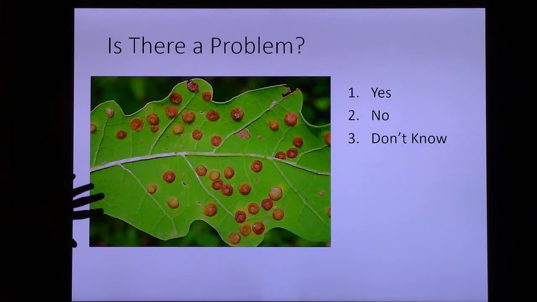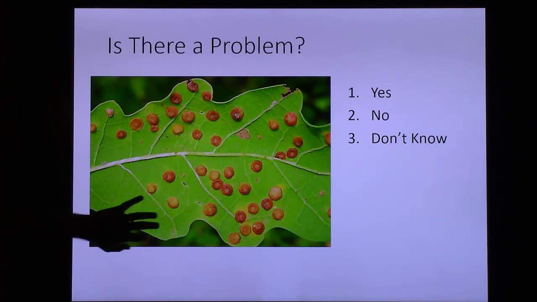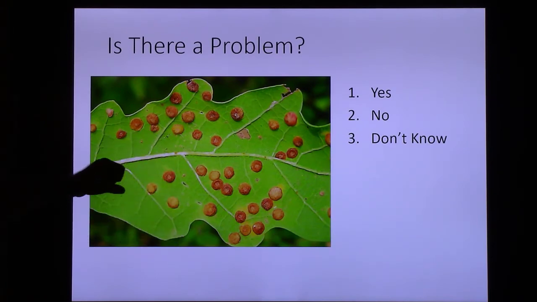This is actually not a problem. These are actual galls formed by gall wasps. They will deposit their eggs on the leaf of a plant, and it will encapsulate the little larvae. And these gall wasps are actually parasitic wasps that will feed on other insects. So it doesn't look good.